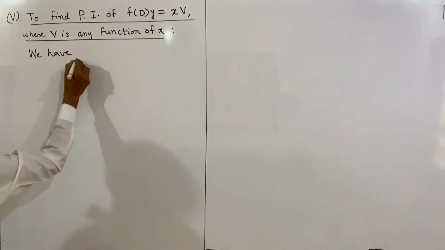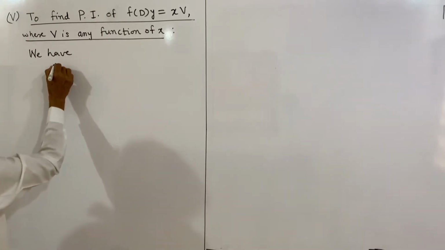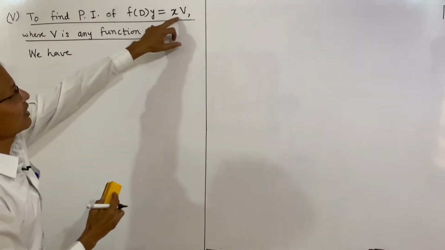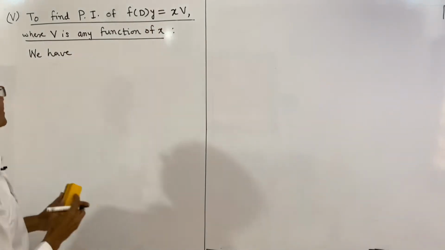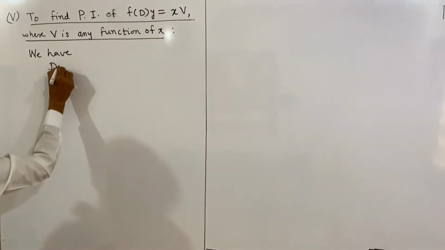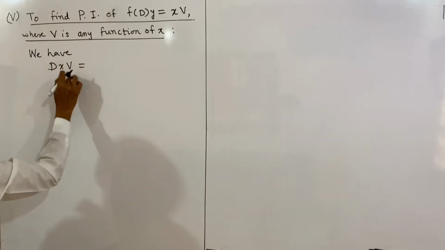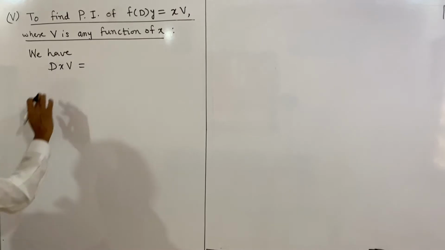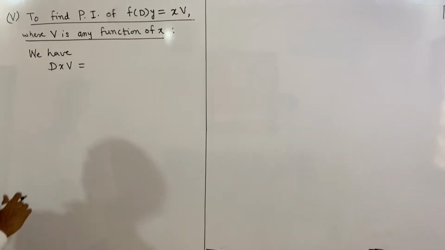We have D of x into v. So we shall obtain the derivative of this function, D of x into v. x and v are both functions of x, and therefore we should use the product rule for derivative.